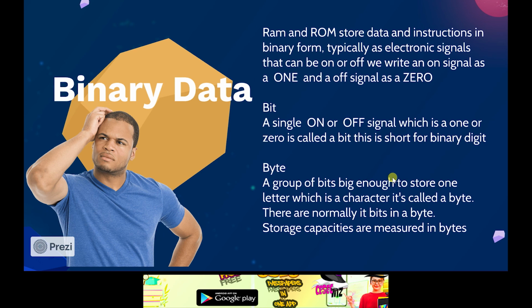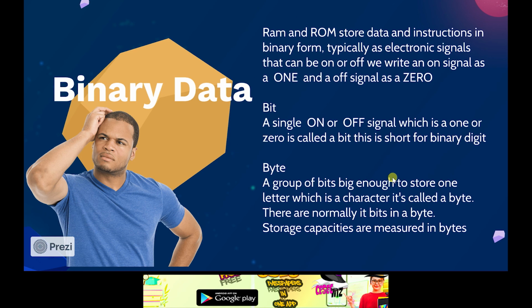Alright, so let's get into data. Some persons pronounce it one way and some persons pronounce it another way. Anyway, both work. Okay, so let's get back to it. RAM and ROM store data and instructions in binary form.